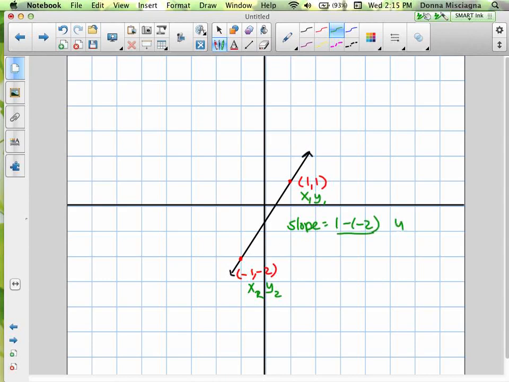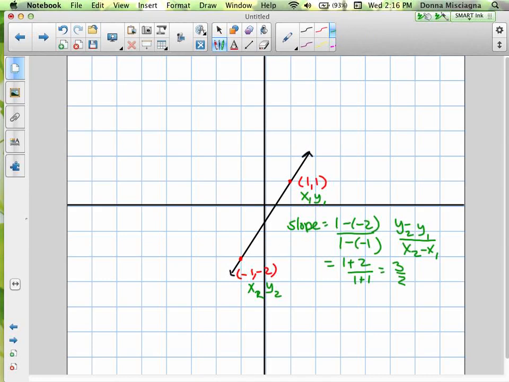And just a reminder in case you forget, it doesn't matter which is y2 and which is y1, but the y's go in the numerator and match them up with the x coordinates in the denominator. So I have 1 minus a -2 over 1 minus a -1. And it won't work if you transpose it, like I accidentally did on the last slide. So that would be 1 plus 2 over 1 plus 1, or 3/2.